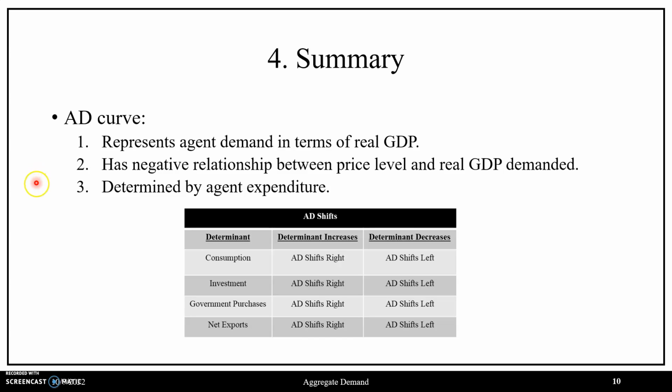In terms of its determinants, aggregate demand is determined by consumption, investment, government purchases, and net exports, or in other words, the components of the GDP decomposition, which we've seen are all pro-cyclical. If there's an increase in one, we would expect an increase in real GDP, which would correspond to a rightward shift in aggregate demand, whereas if there is a decrease in one, this would correspond to a reduction in real GDP, which would then correspond to a leftward shift in aggregate demand.